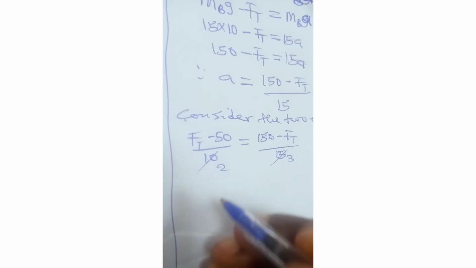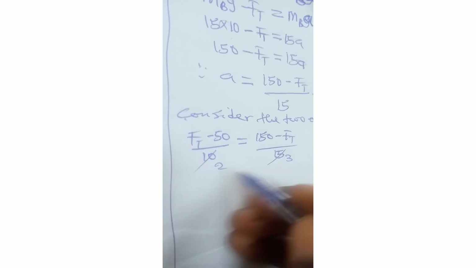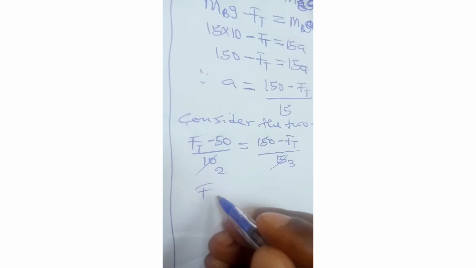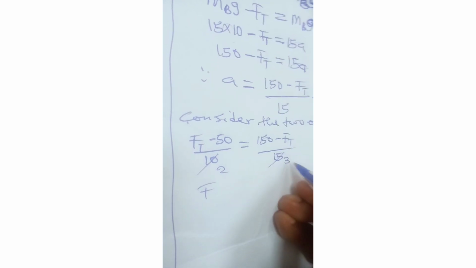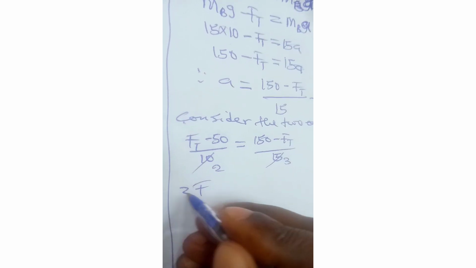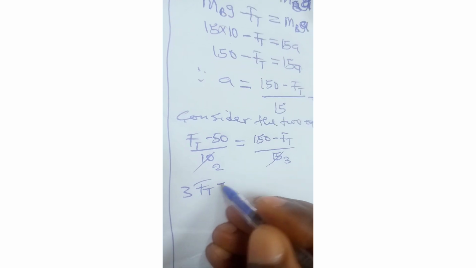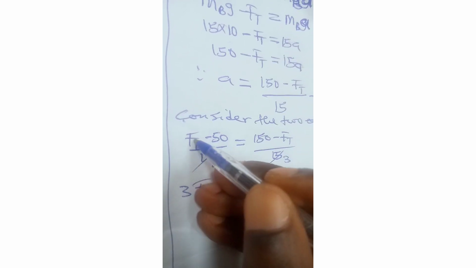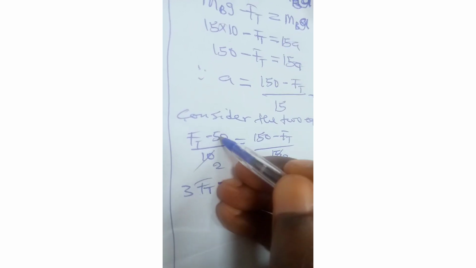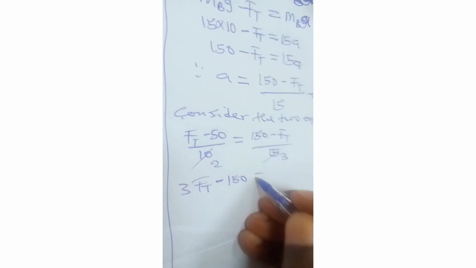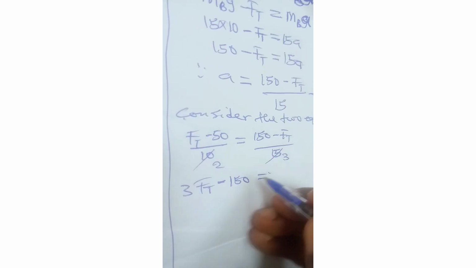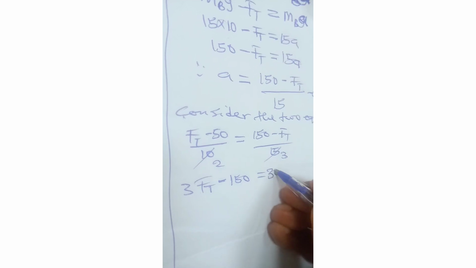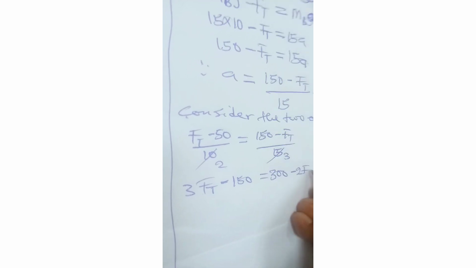So we cross multiply. We have 3 times FT, you have 3FT, 3 times 50, we have 150. Then here you have 2 times 150, you have 300 minus 2FT.